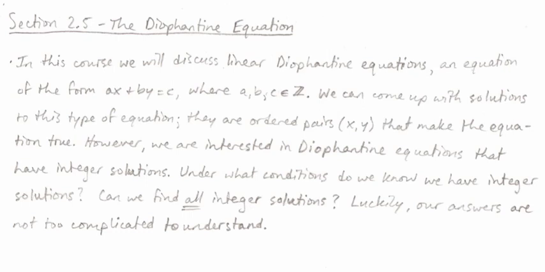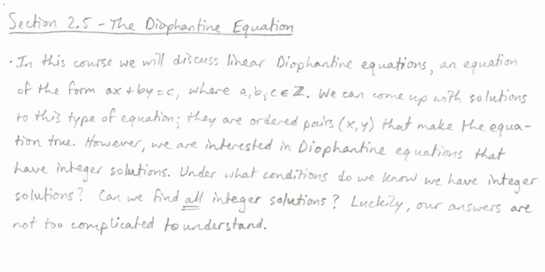In this section, to wrap up Chapter 2, we're going to talk about the linear Diophantine equation. When do we have a particular type of solution? Can we find all solutions? And then how do we find those particular solutions?